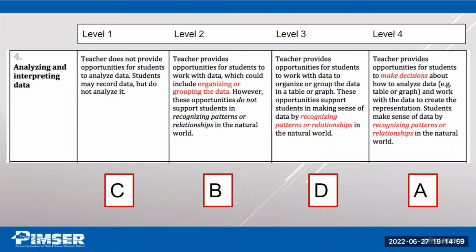However, one thing that we really like about the continuum is that it helps you see how you can make small incremental changes in the use of the practice. You can start by giving students the opportunity to organize and group the data, and then ask them to help look for patterns and relationships in the information.